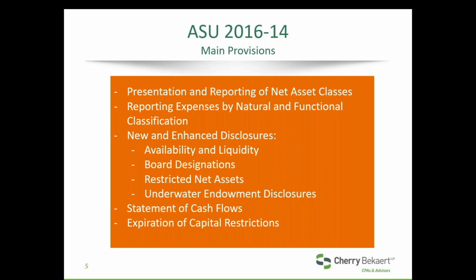And those include the availability and liquidity of resources, which is new, disclosures around board designations, if that's applicable, disclosures around restricted net assets, and disclosures around endowment and underwater endowment. There are also minor changes around the statement of cash flows and the expiration of capital resources. So we'll go over these changes in a little bit more detail, as well as go through a number of examples for each of the items.